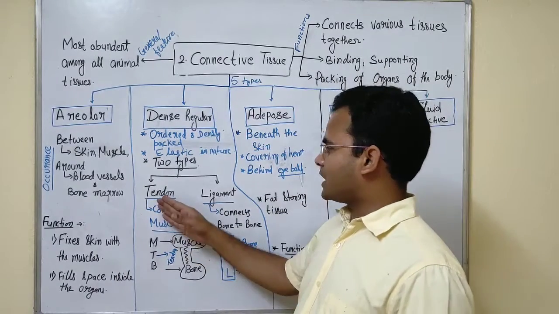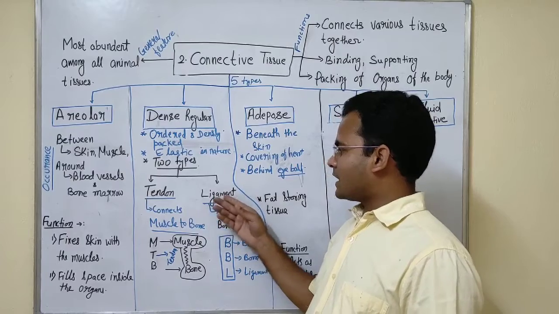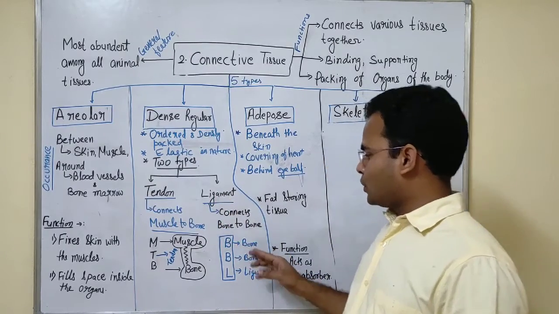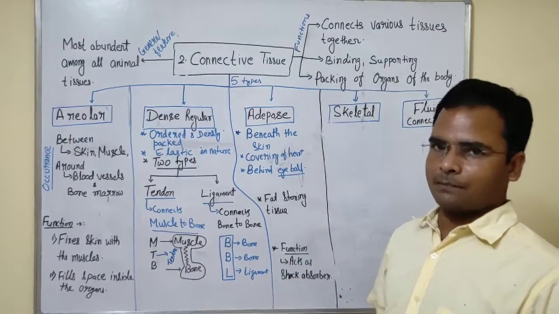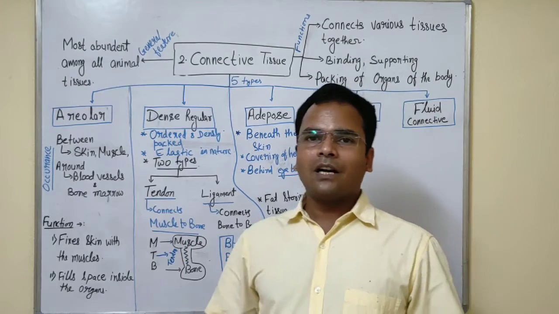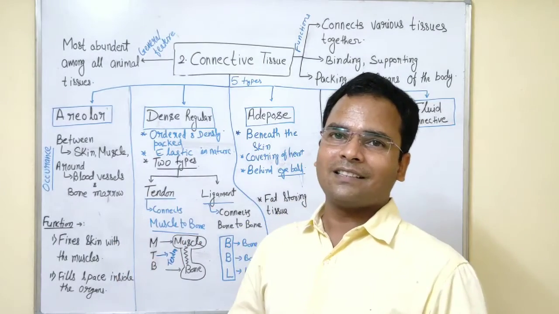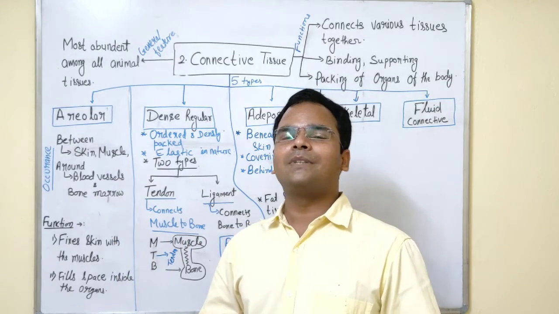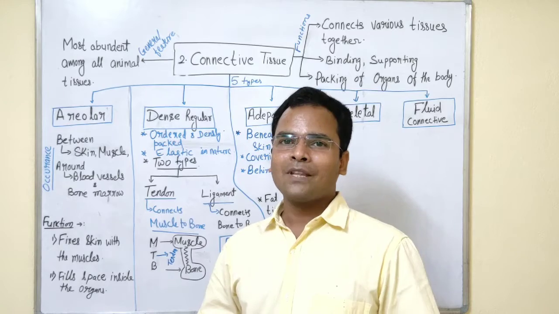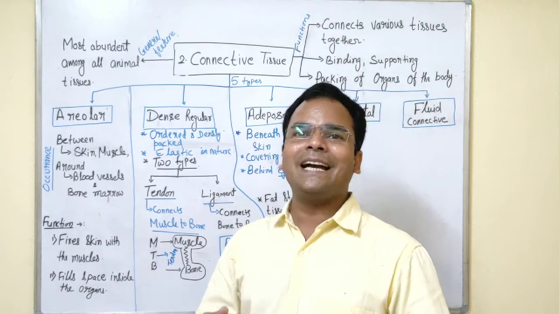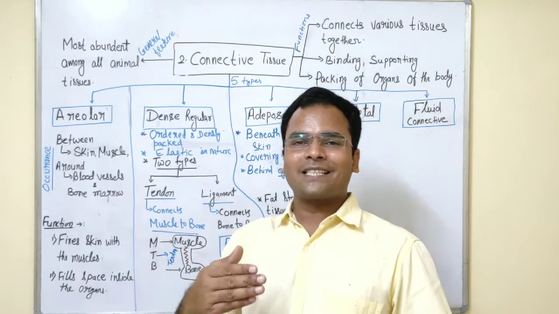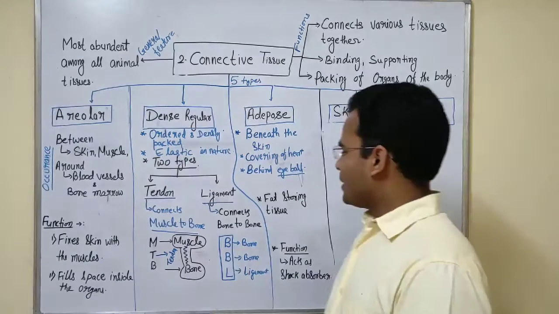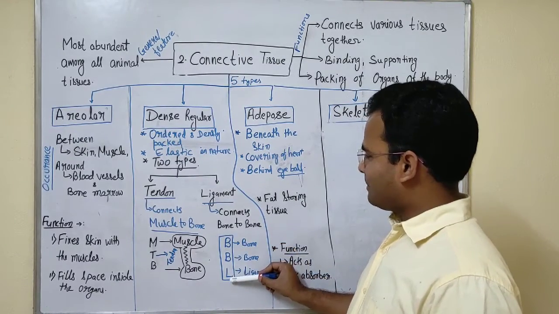So muscles to bone is connected by tendon, and the second type, the ligament, connects bone to bone. For this also, in our school days, there was a very famous TB company, BPL. So I made it BBL: bone to bone is connected by ligament.